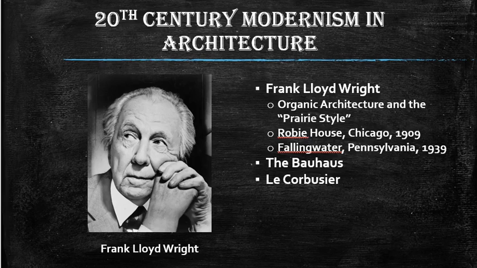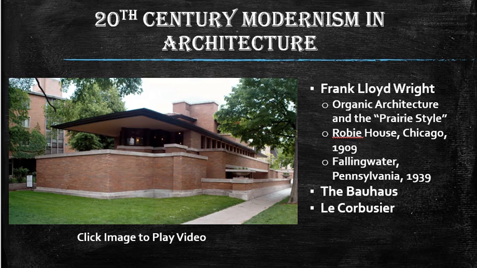Using these principles, Wright established his own style of architecture called the prairie style, which reflected the flat landscape of the American Midwest, called for long horizontal buildings with broad flat roofs and wide overhanging eaves using the cantilevered principle.